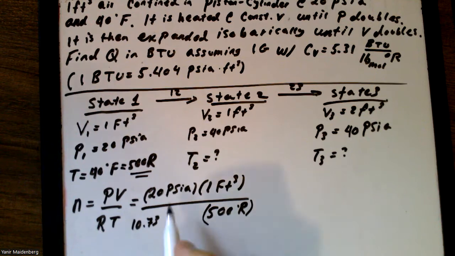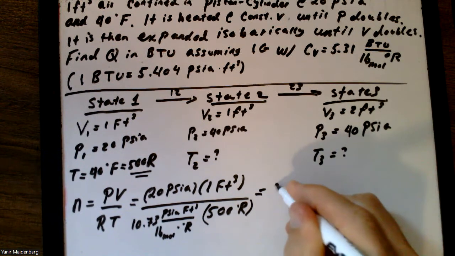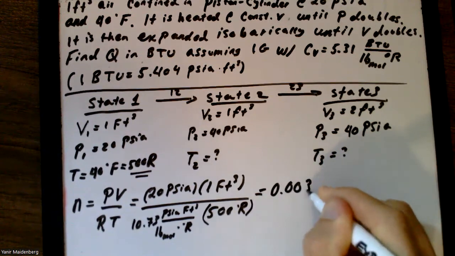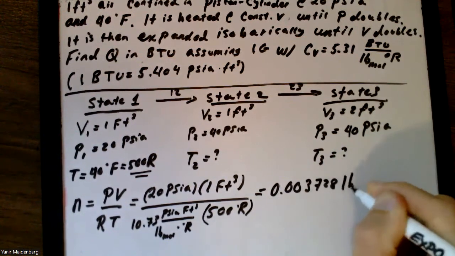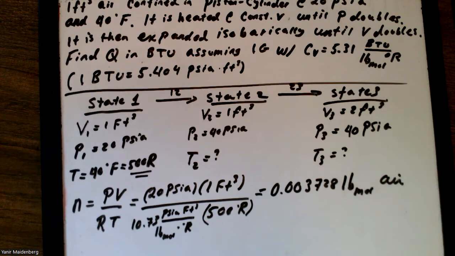And it's got psi foot cubed divided by pound mole times degrees Rankine, which is great because this cancels the Rankine, this cancels the psi, this cancels the foot cube. Then I have 1 over moles, and so this whole thing is in moles. Makes sense. So you punch all of this into the calculator and you get that you have 0.003728 pound mole of air. Okay, and we're going to use this information to do other things.